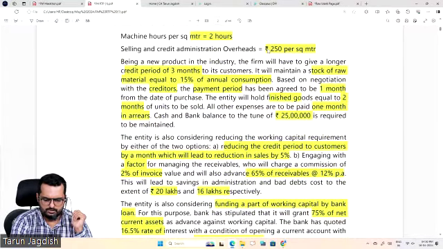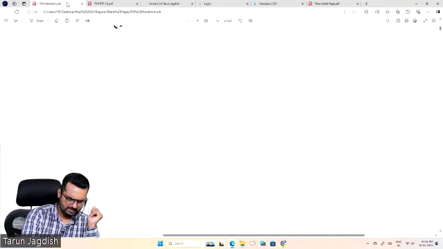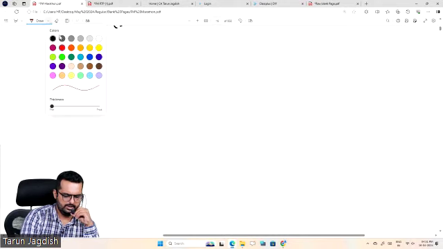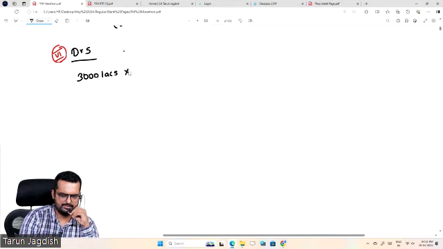Now they have told that we have to give a credit period of how many months over here? 3 months. From this, can I find out the value of sundry debtors? Write down the next Roman number. Which was our Roman number right now? 6, is it? Okay, then put Roman number 7. Okay, debtors. So total you are having, if I'm not wrong, 3000 lakhs. Am I right?